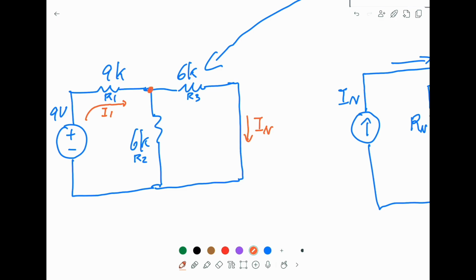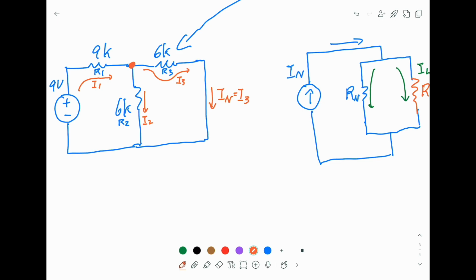Can you see this point here is split into I2 and I3. So the Norton current is the current passing through this one. It's the same. So how to find it? We should first find I1, and then we can use the current divider. What I mean is I3 or IN. The IN is equal to I3.